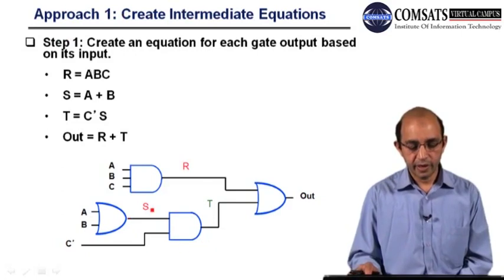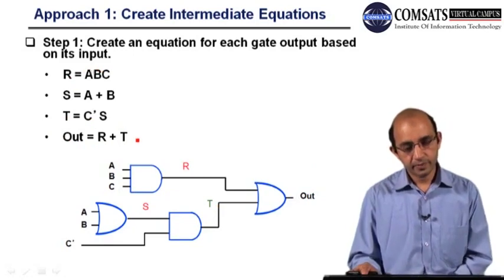And here we have an OR gate with S as an output, so S is equal to A plus B. Then we have a T over here, which is equal to C bar and S, because this is S. And finally we will have the output equal to R plus T.